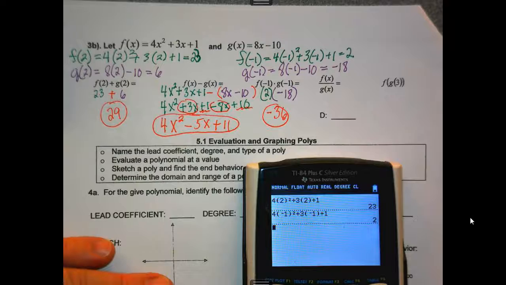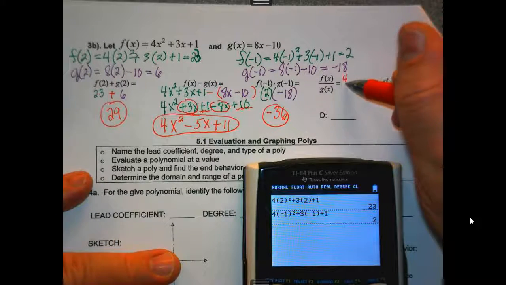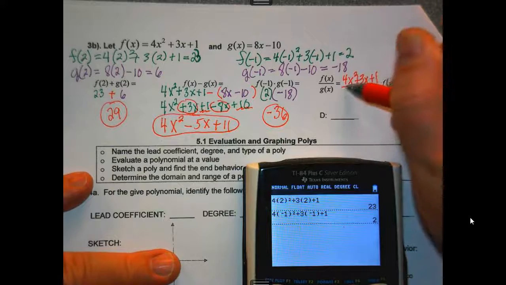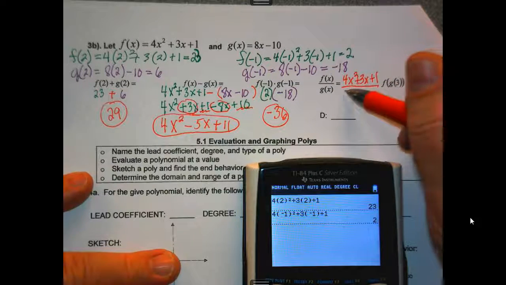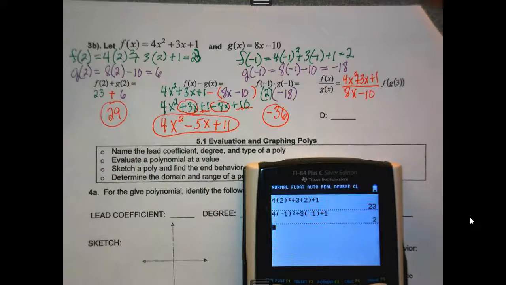Next one, f of x over g of x. We have 4x squared plus 3x plus 1 divided by the g of x, 8x minus 10. Can I factor out things and cancel? This doesn't factor. I could factor out a 2, but it's not going to help me.